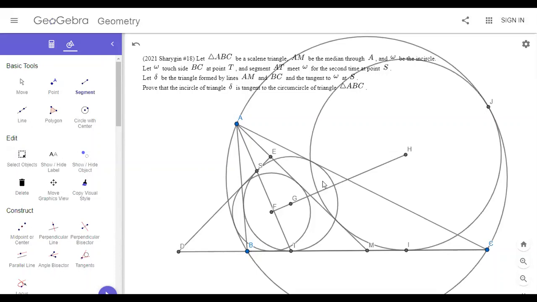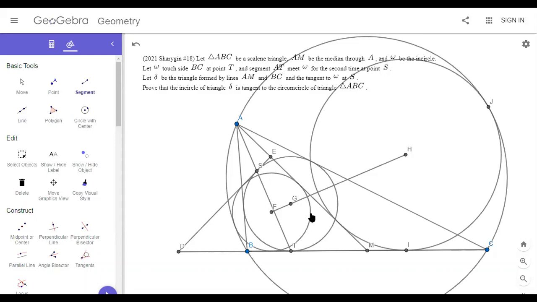So yeah. The thing is, we don't know that this one is actually the Thebault circle.